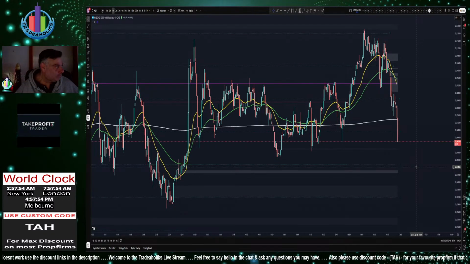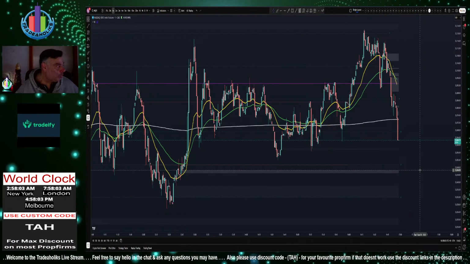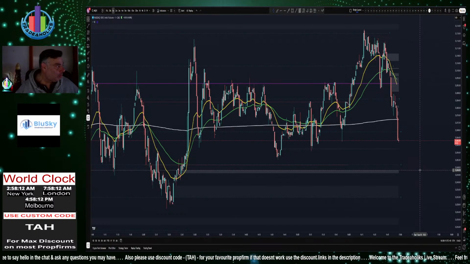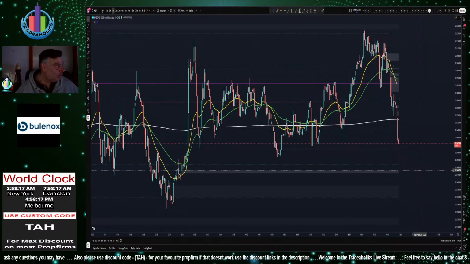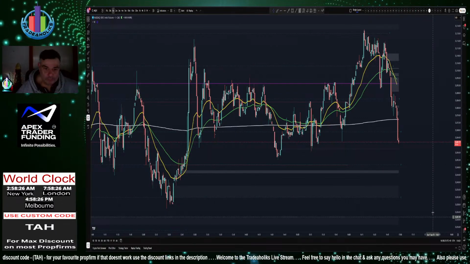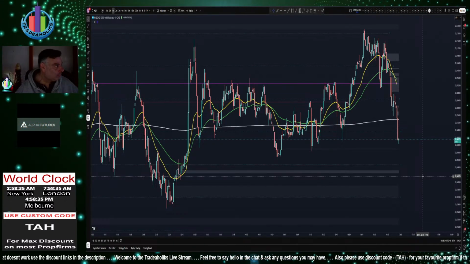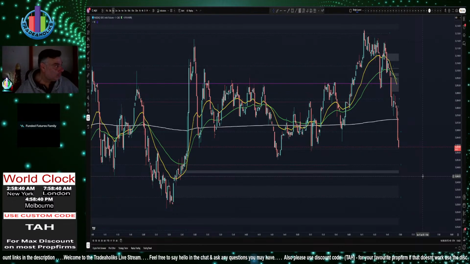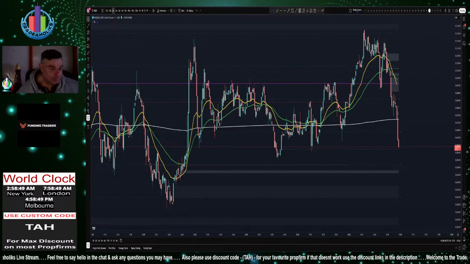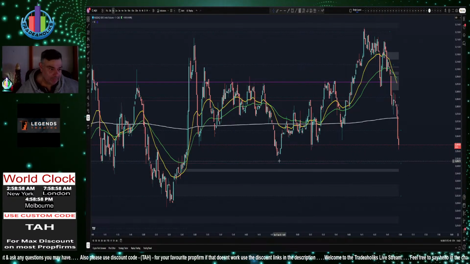Big push down now. Pushing further down now, taking those lows. See if it takes that low or that one.